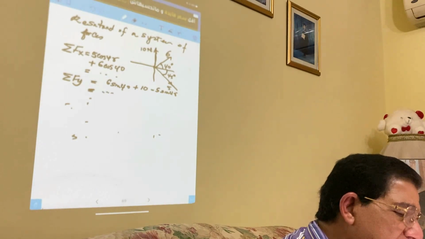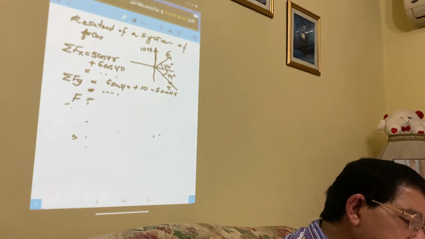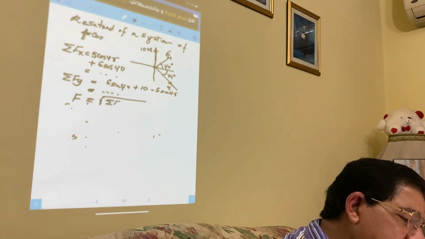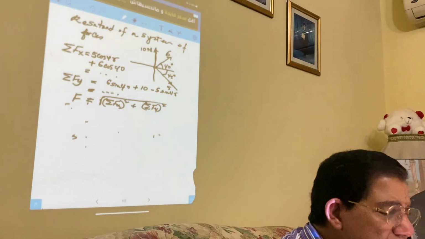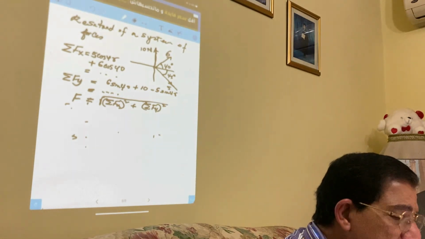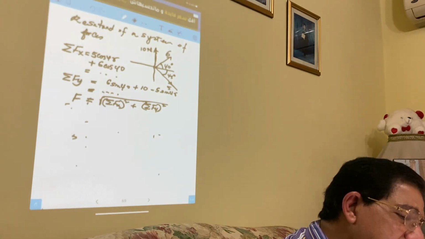After we get sigma fx and sigma fy, we say the force F is the square root of sigma fx square plus sigma fy square. From this, we can get the value of F. Then, to get the angle, the resultant has sigma fx in that direction and sigma fy in that direction.